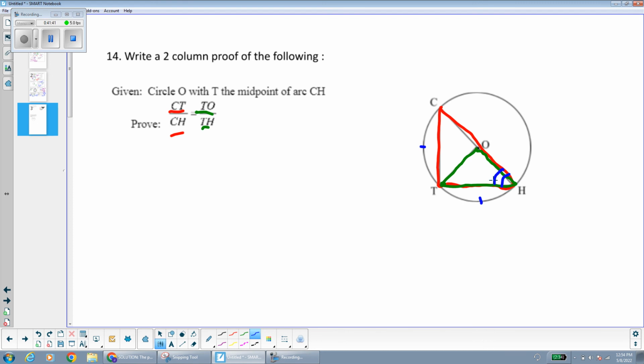So I'm also noticing that we have inscribed angles. Angle H is an inscribed angle, or I should say angle CHT, and it's opening up to arc CT. Angle C is also an inscribed angle, and as you can see, it's opening up to arc TH, which is congruent to arc CT.